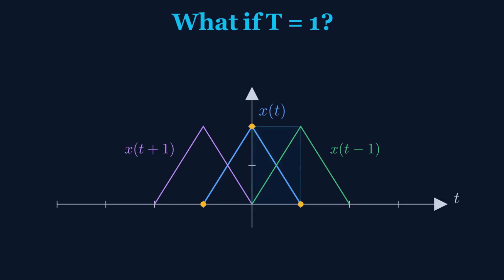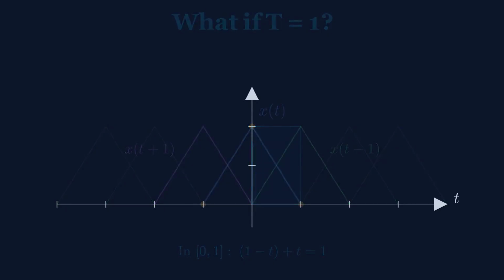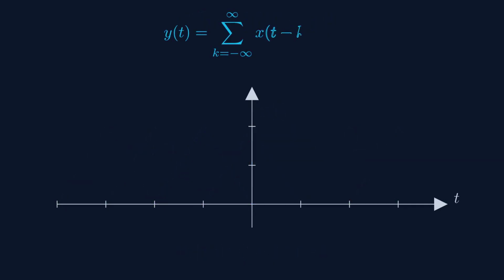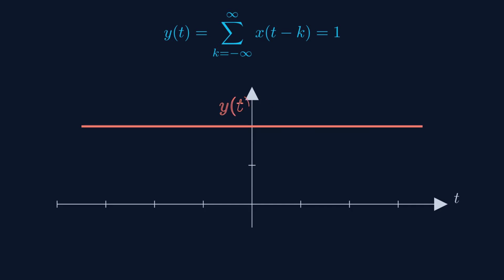In the region from 0 to 1, x of t equals 1 minus t, and x of t minus 1 equals t. Their sum is 1 minus t plus t, which equals 1. The same cancellation happens everywhere. The infinite sum y of t equals 1, a constant. The overlapping triangles perfectly fill in each other's gaps.